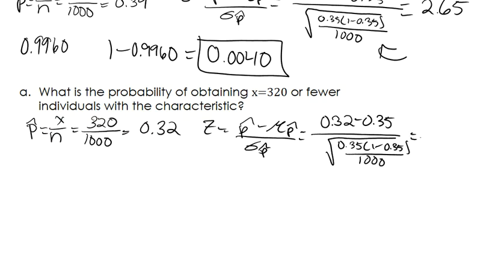And we will get a z-score of negative 1.99. Now our next step is to turn this z-score into a probability, and we will get a probability of 0.0233 after using the standard normal table.